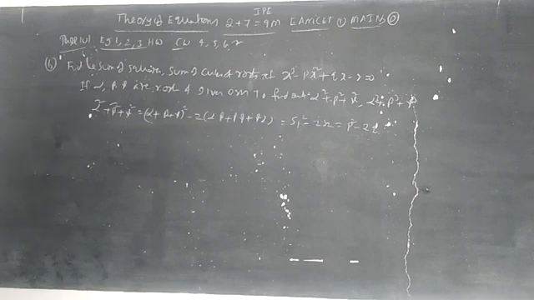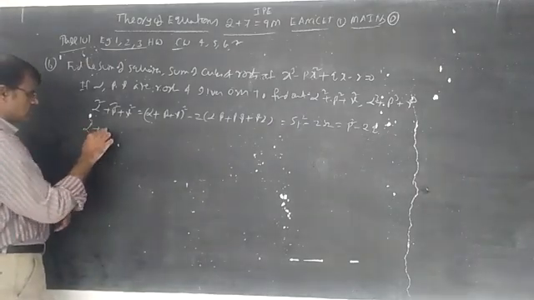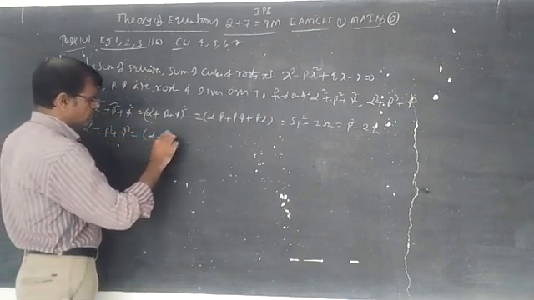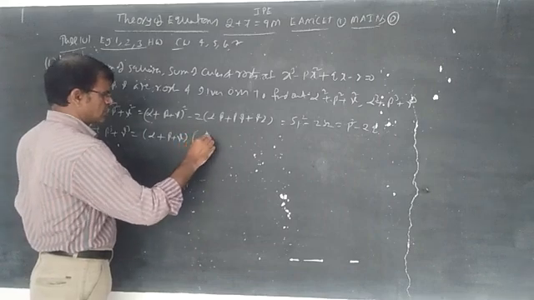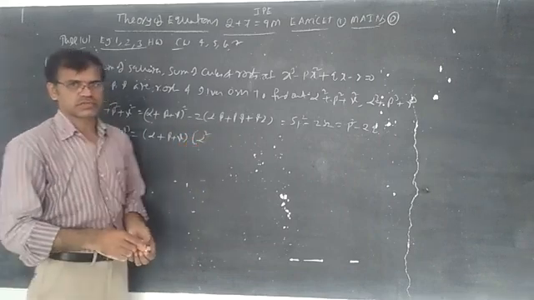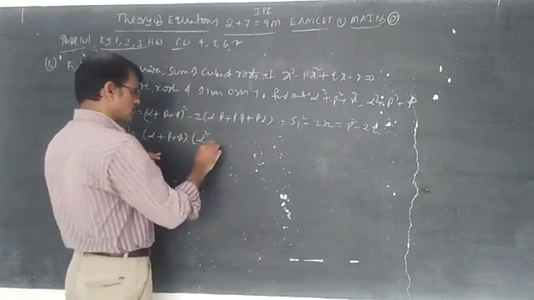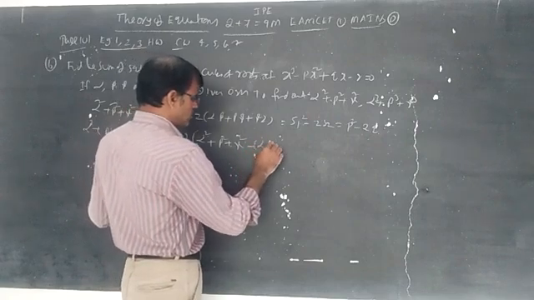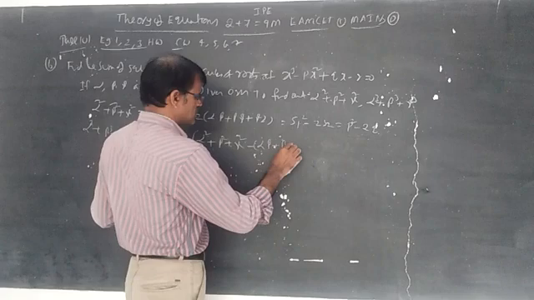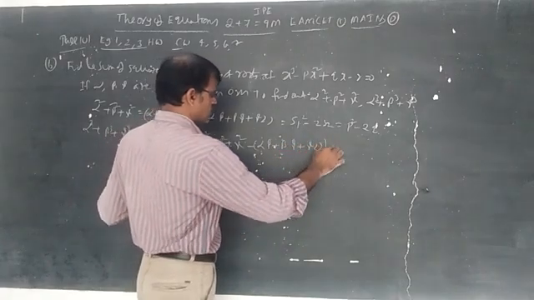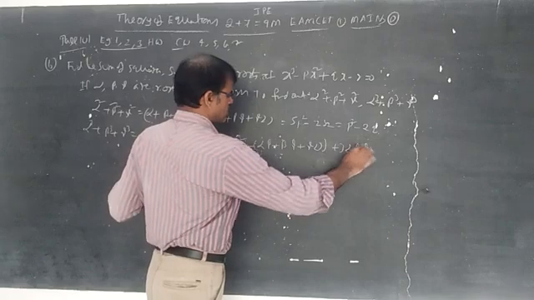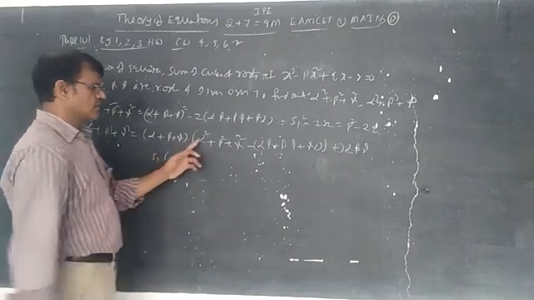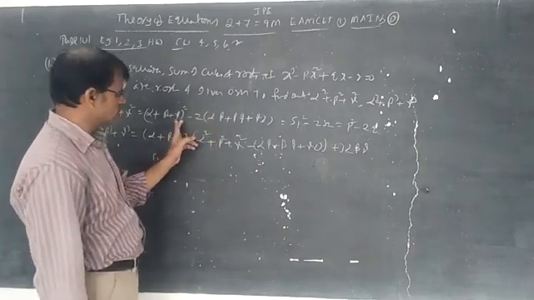Next one, alpha cube plus beta cube plus gamma cube. I said the formula a plus b plus c into a square plus b square plus c square minus ab minus bc minus ca. So this is alpha square plus beta square plus gamma square minus of alpha beta plus beta gamma plus gamma alpha, plus 3 alpha beta gamma. I said the formula here S1, this one you can understand as alpha plus beta plus gamma.